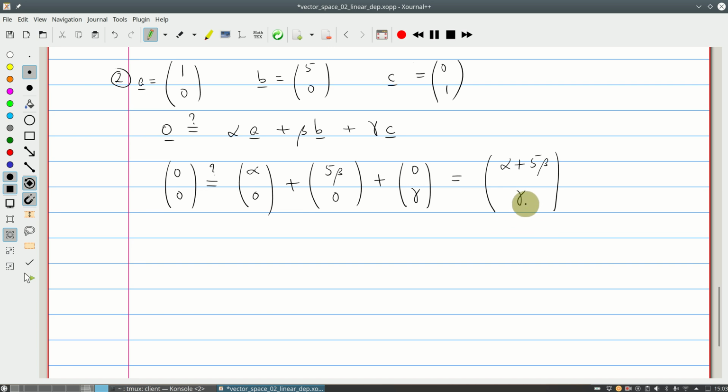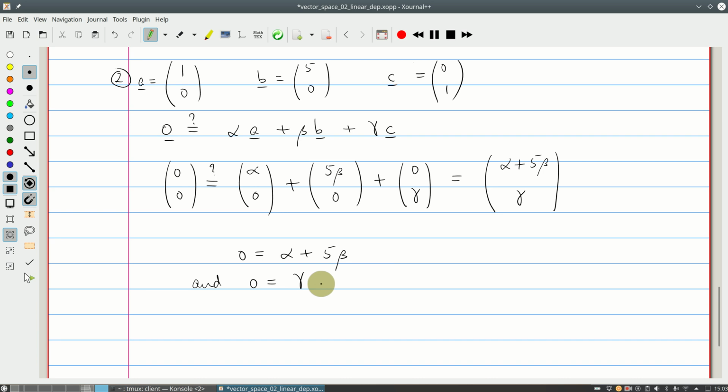So the only way for this to be equal to the 0 vector is if 0 is equal to alpha plus 5 beta and 0 is equal to gamma.